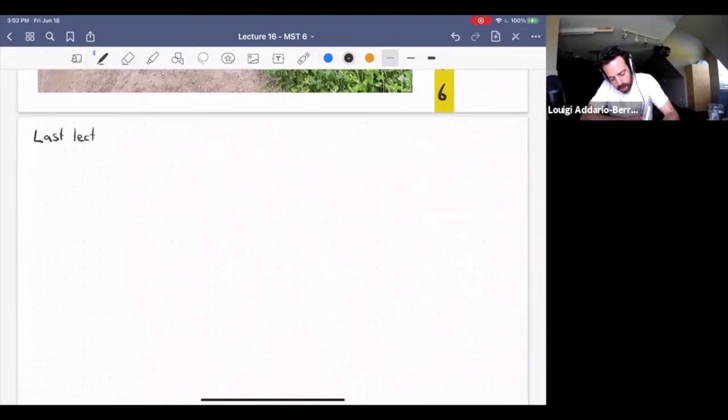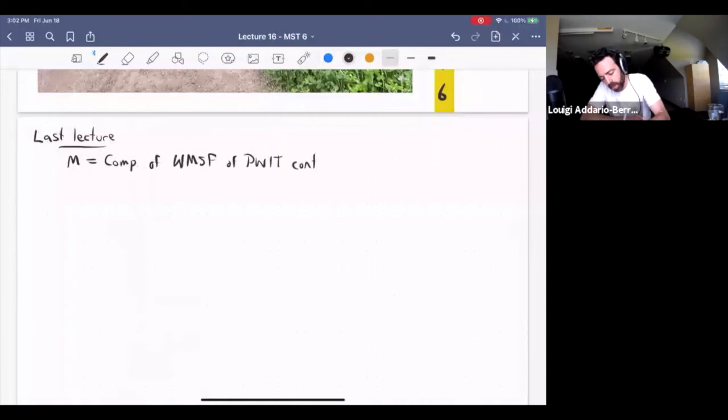So where were we? We were looking at this object M, which is the component of the wired minimum spanning forest of the Poisson weighted infinite tree containing the root.